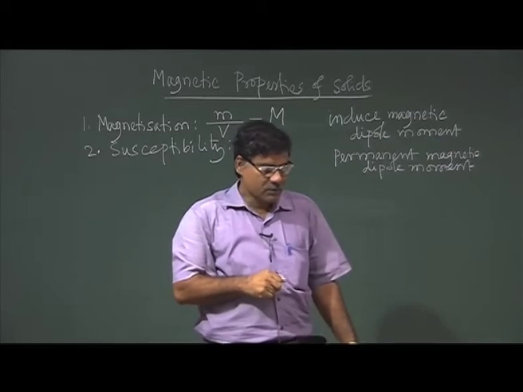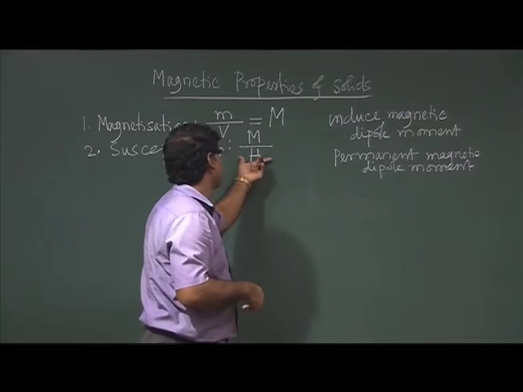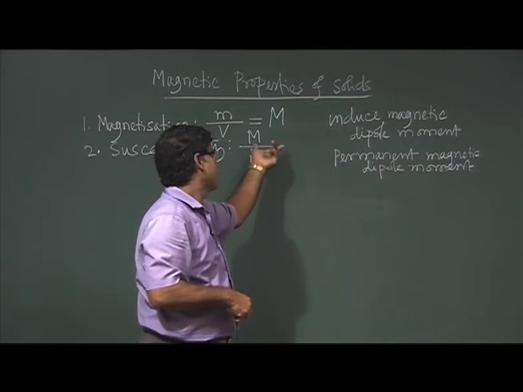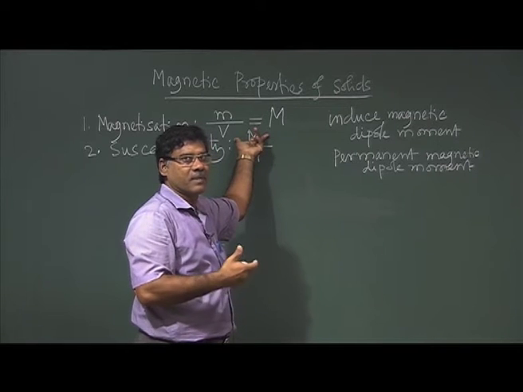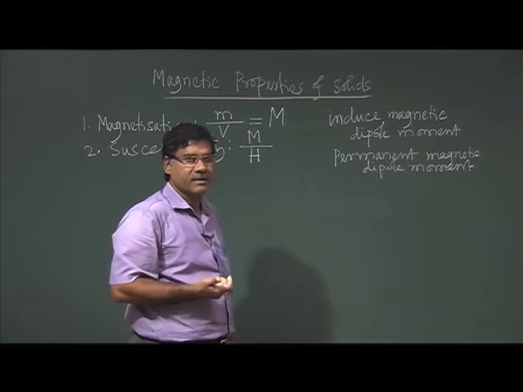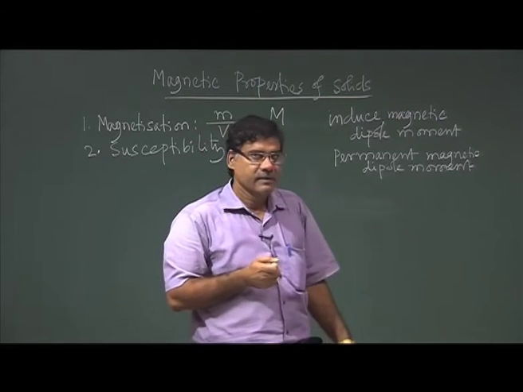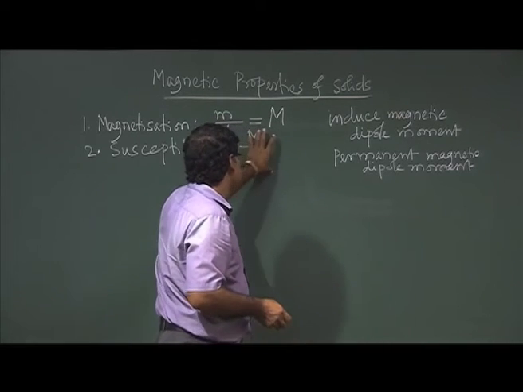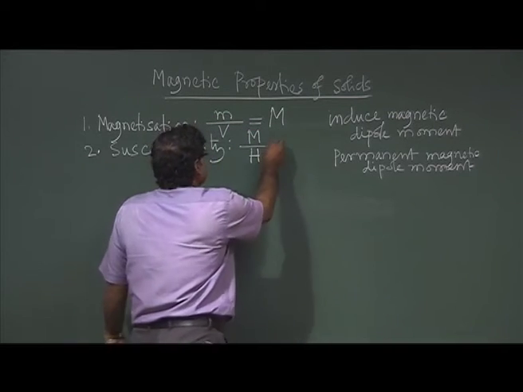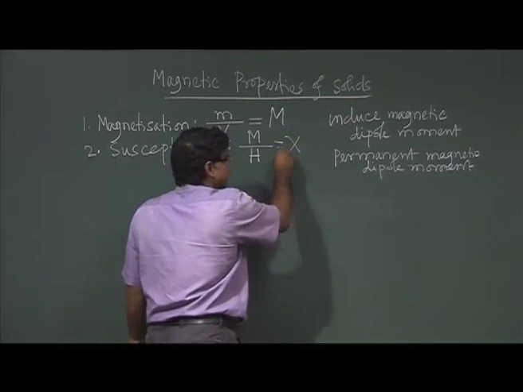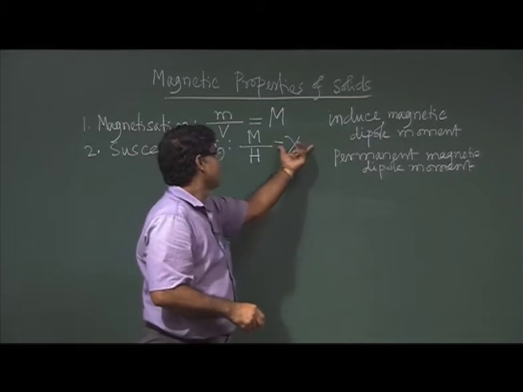Okay. For a particular magnetic field, you will get a value of magnetization. Now, for unit field, what will be the magnetization? That is the definition of susceptibility. Okay, we write it using chi.